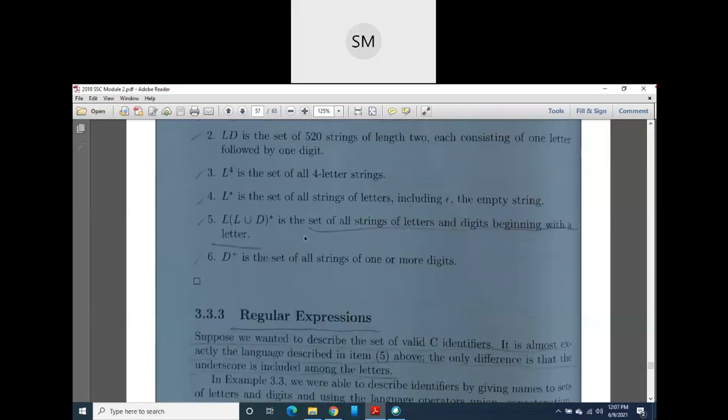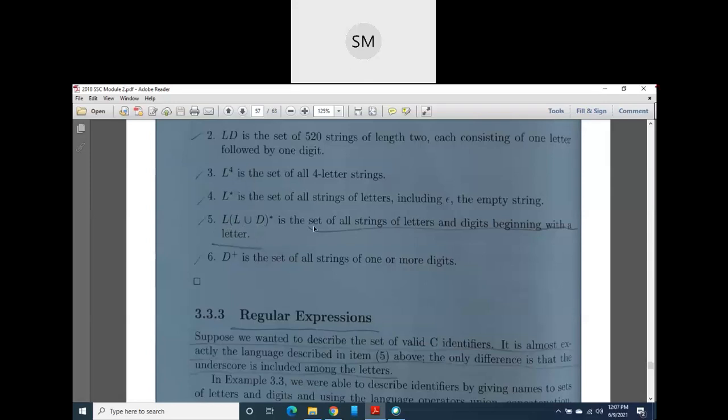It will be exactly like this, because if you observe, this string begins with one letter, that is an alphabet, followed by 0 or more letters as well as 0 or more digits. This string is not beginning with a digit, which is very suitable for our variables or identifiers of C language.